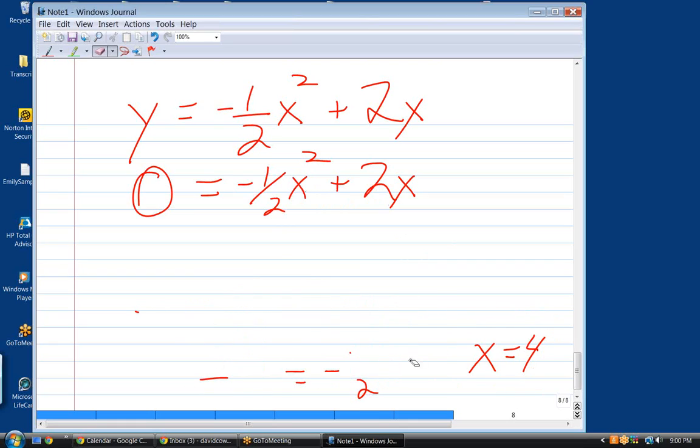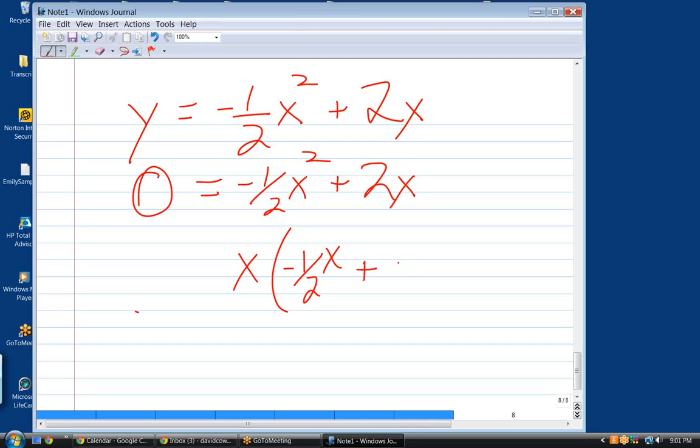Let me show you what you want to do. You want to factor out an x. In other words, you want to try to take out the greatest common factor. That leaves minus 1/2 x plus 2.